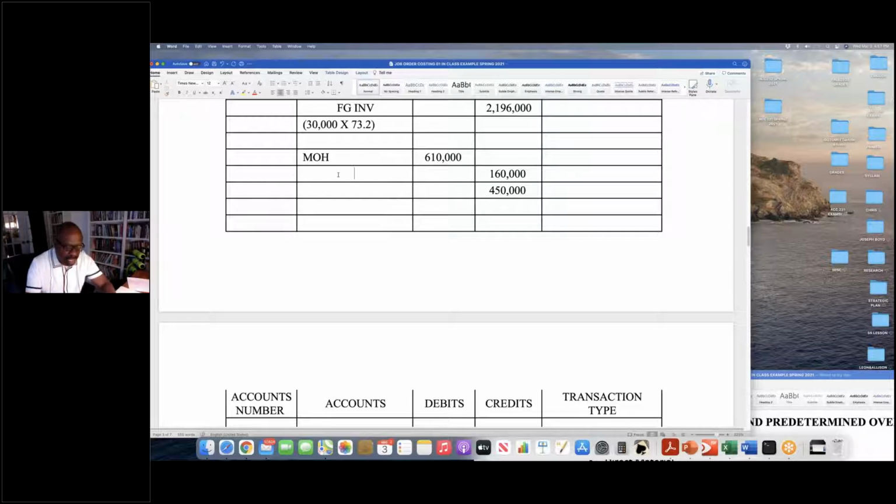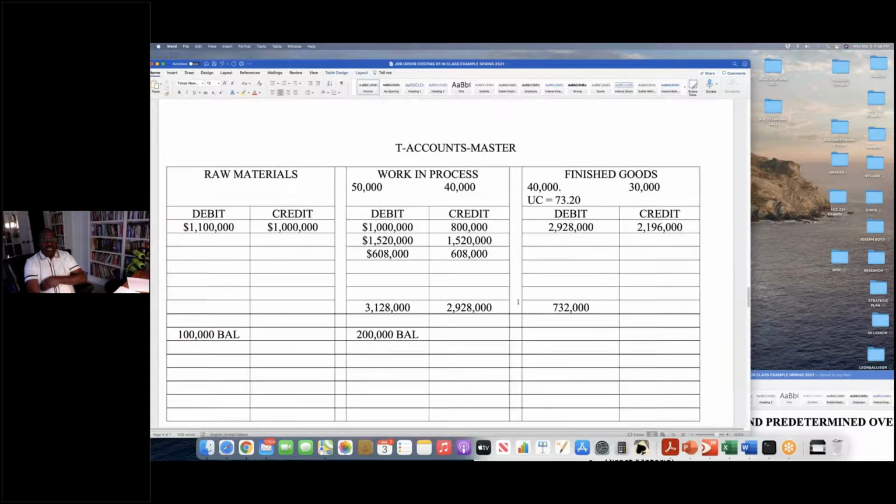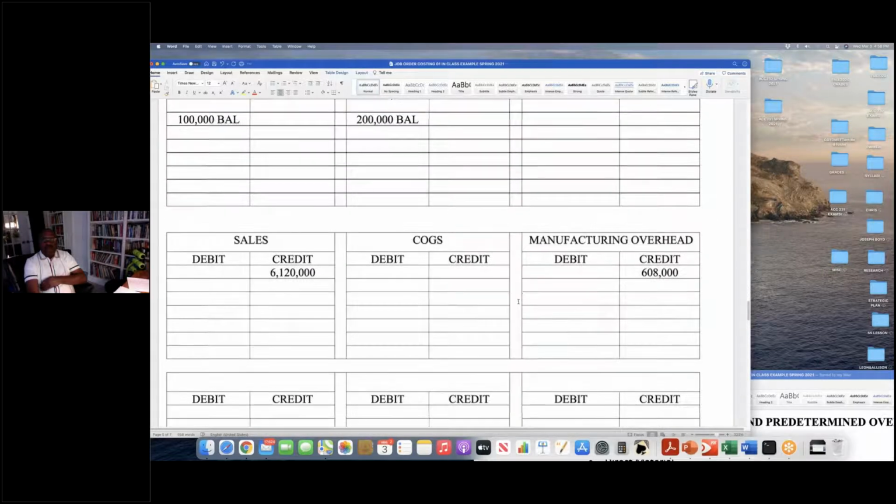The accumulated depreciation is a non-cash item. Then we're going to credit cash. And now we're going to post to manufacturing overhead the actual overhead, which is $610,000.